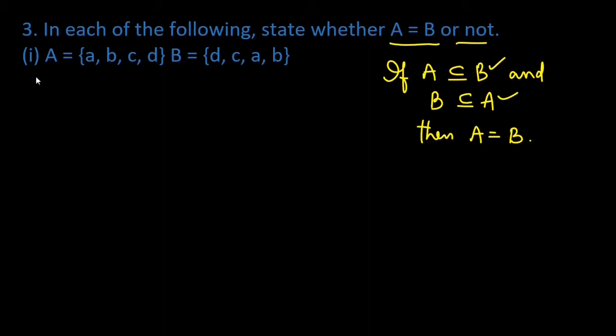The first one is A is equal to A, B, C, D, B is equal to D, C, A, B. First let us verify whether A is a subset of B. Now take each element of A and check whether it is there in B. Here we have A in set A. It is there in set B. Here we have B. It is there in set B. Here we have C. It is there in set B. Here we have D. It is there in set B.